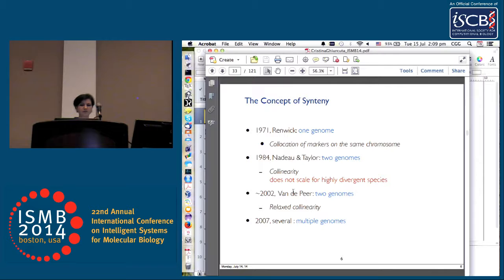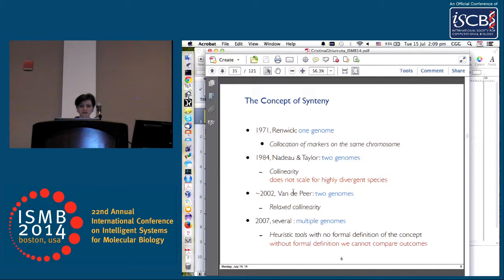Later on, when multiple genome comparison became possible, Synteny mining tools started being developed based on heuristics. This means that there was no a priori definition given for the structure of the resulting Synteny blocks. That is, we cannot quantify such blocks and we cannot compare them against each other. And most importantly, we cannot improve such tools.